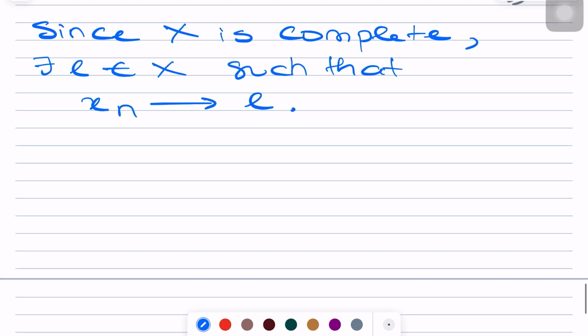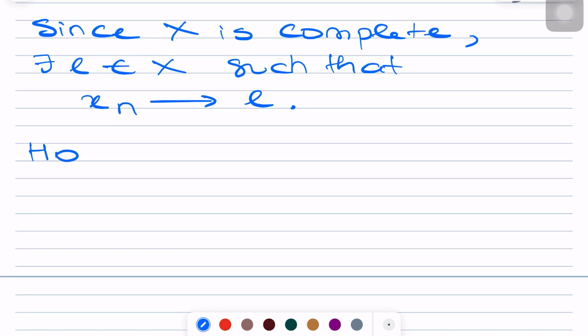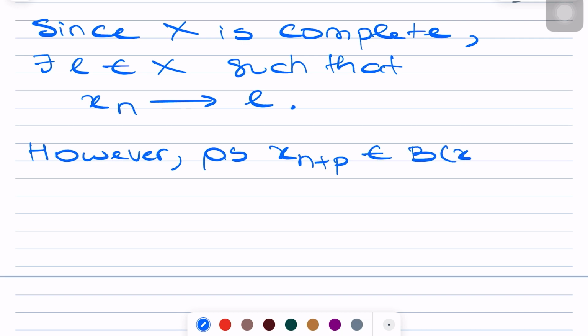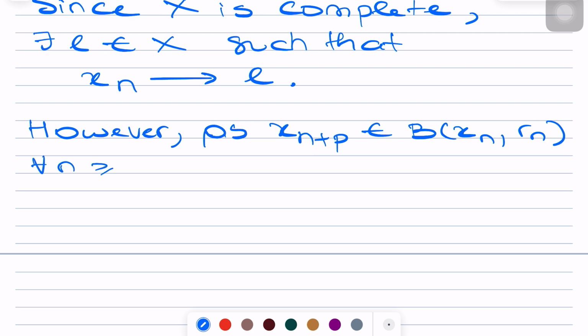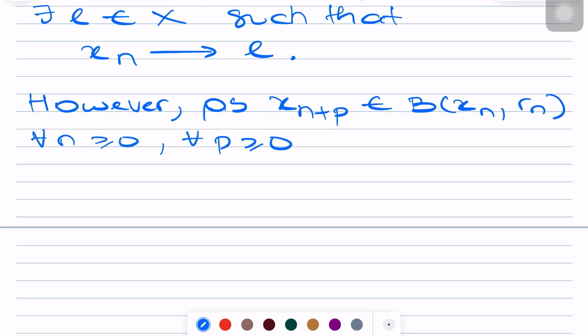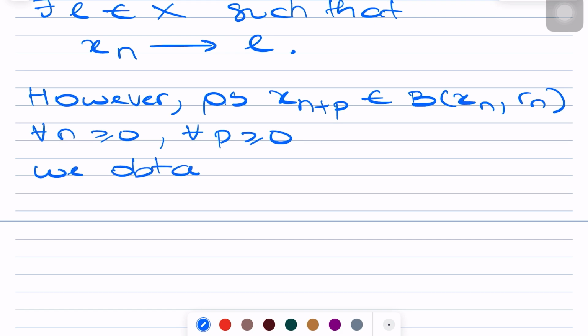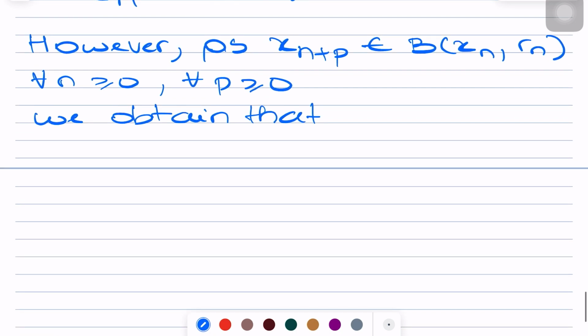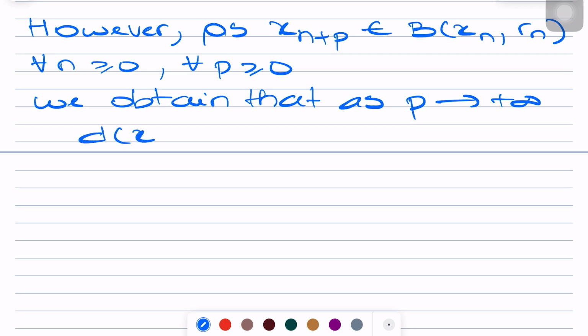However, as xn plus p is in the ball centered at xn and radius rn for every n positive and for every p greater or equal than 0, you obtain that as p goes to plus infinity, the distance of xn to L is less or equal than rn.